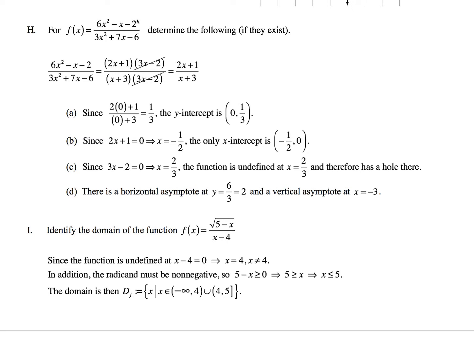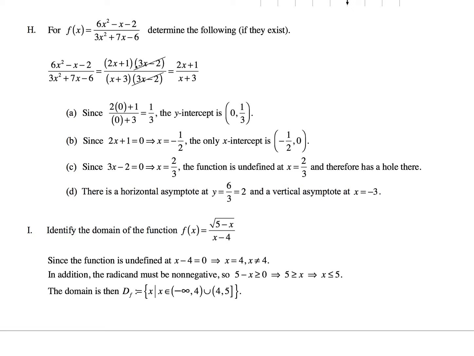Whenever you encounter a rational function, the first thing that you should do is see if you can factor the numerator and factor the denominator. Well, this numerator factors as 2x plus 1 times 3x minus 2, and the denominator factors as x plus 3 times 3x minus 2.